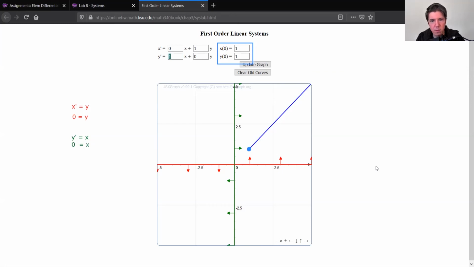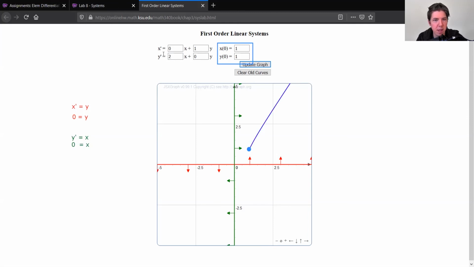Now, just to show you a little bit, I'm going to change the weights, quote unquote, for some of these and see what changes. So imagine I start at the same point, but I'm going to clear this curve. Now imagine I weight these differently. So I weight the y prime a little heavier. I update the graph, and now notice the nullclines didn't change their positions, but we do have a change in this curve.